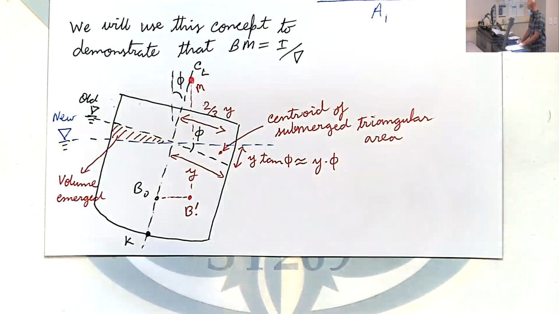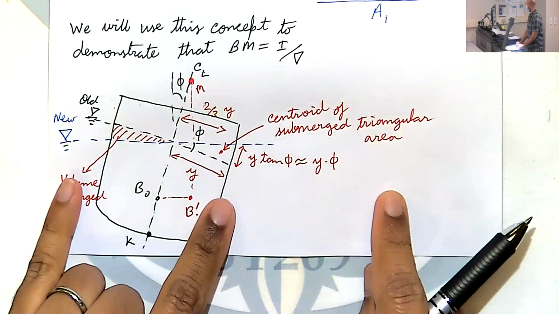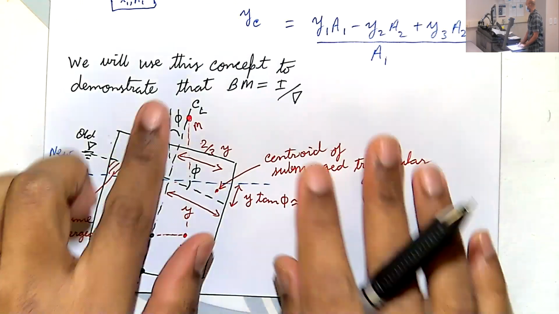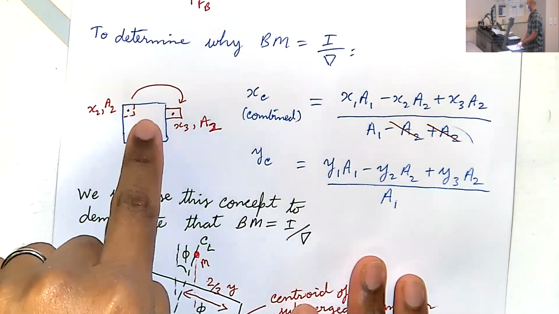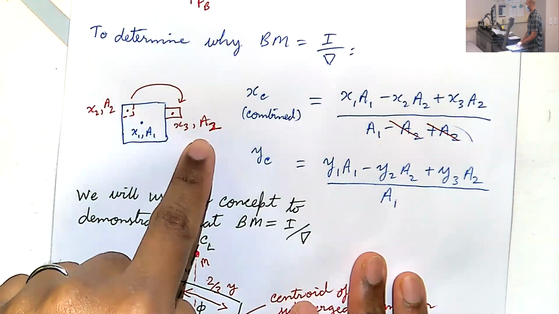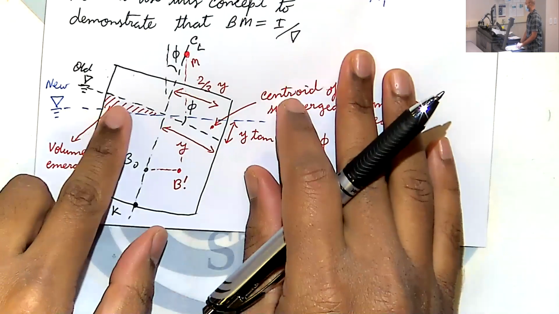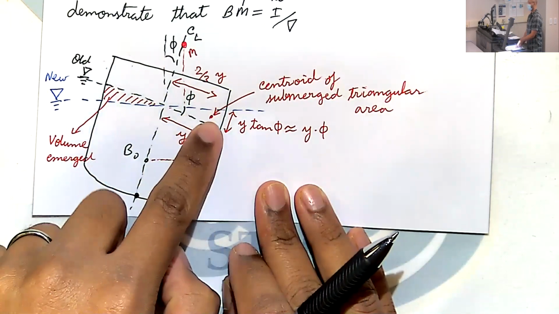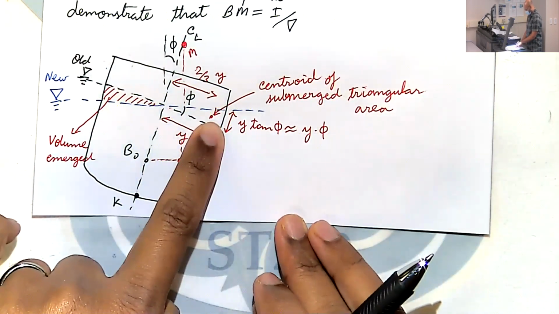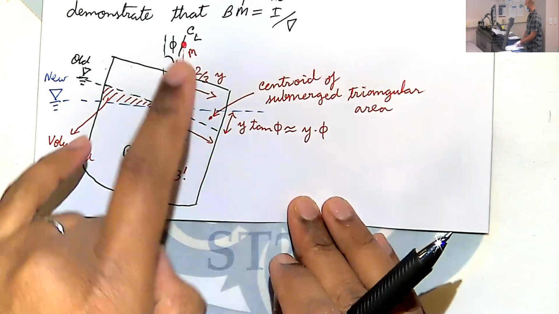So let me just pull down the paper for 1 second and look at this image. What did we do here? We cut out a piece and moved it to another place. We've cut out a submerged volume and moved it to another place. So we'll basically use the same formula we had up there.